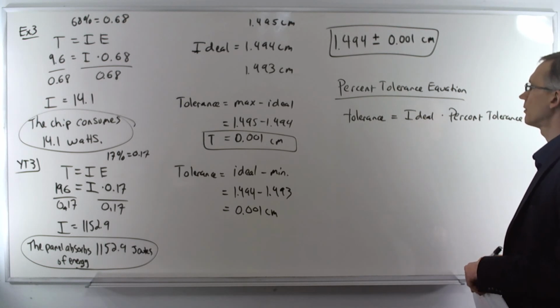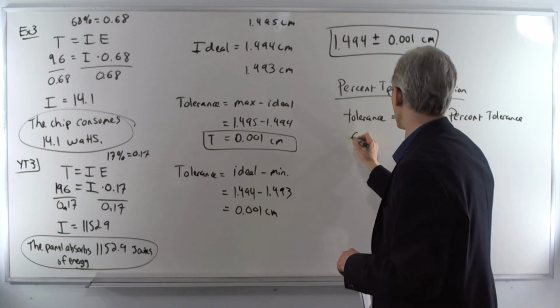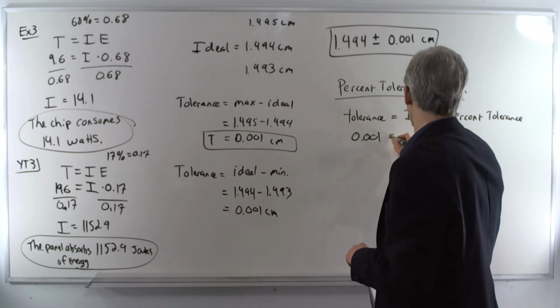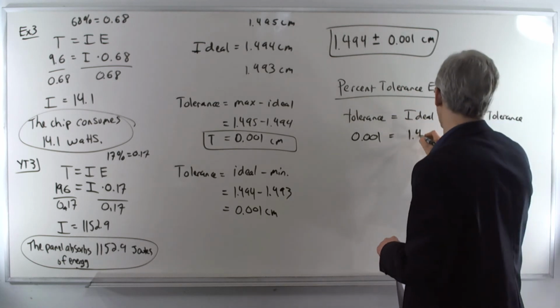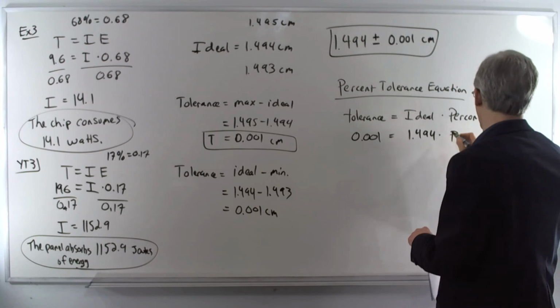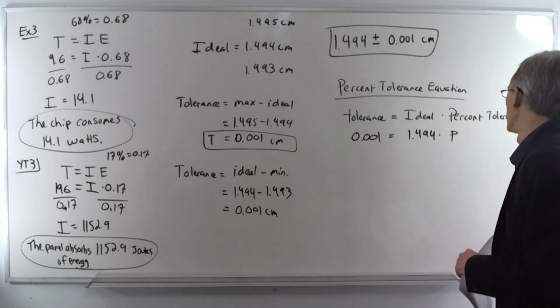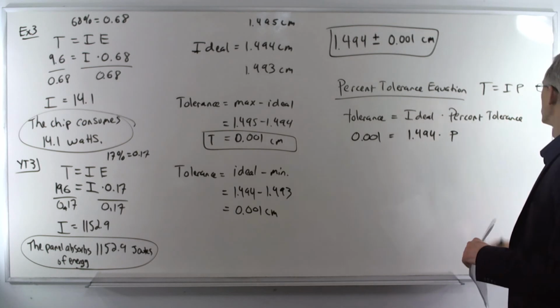All right, so let's plug in what we know. We just found the tolerance is 0.001. And we know the ideal value, 1.494. And we're going to multiply it by P. All right, so this is the TIP equation. T equals IP.